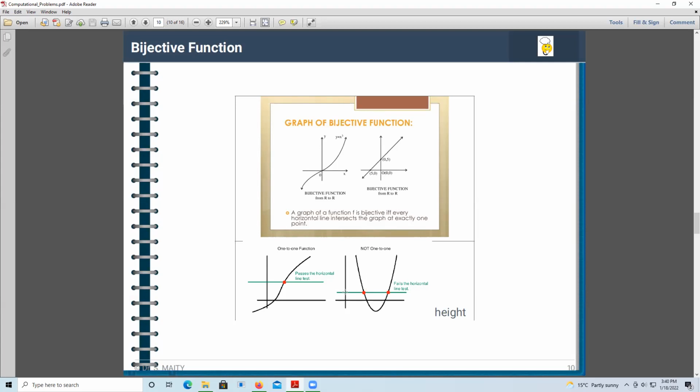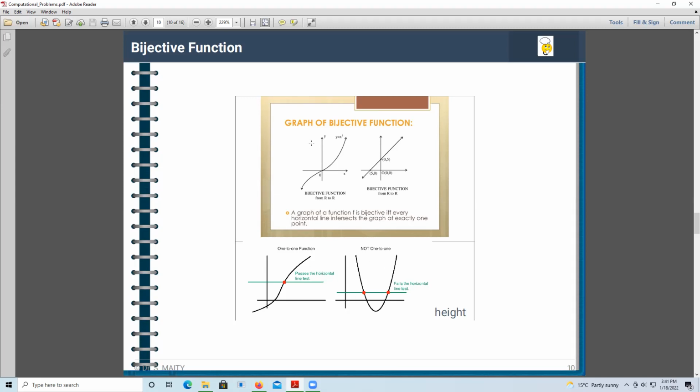For this particular y value, the height of this green horizontal line, you are getting two different red points, two different values of x, this value and this value. So for one particular output, you are getting two different inputs, which is not allowed in a bijective function. For one particular output, you should get only one input.